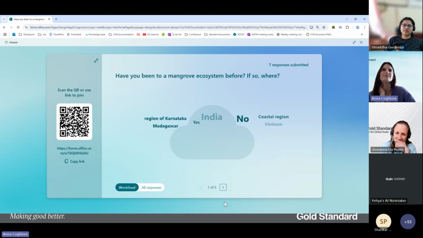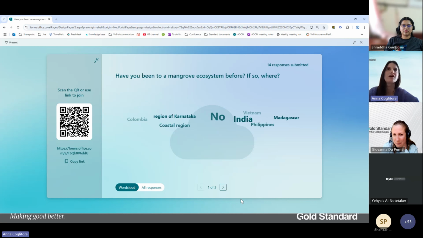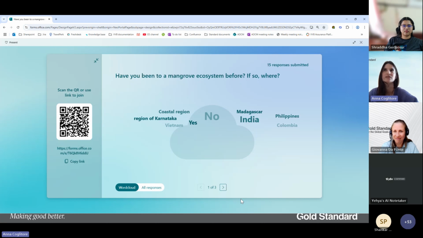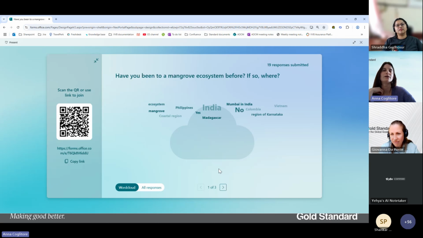Very cool. Region of Karnataka, okay. Madagascar, Philippines, Colombia, super nice. Please, if you can, just participate, because I see now 15 responses. I see 50 people in there, so no pressure, but it will be nice to hear from you all. If there are any issues with responding, please let us know in the chat as well, because then we can help. Okay, so I see Mumbai as well.